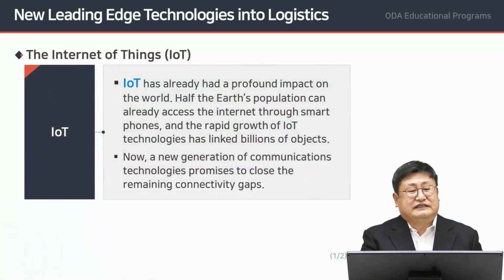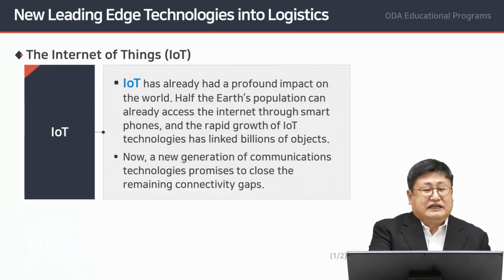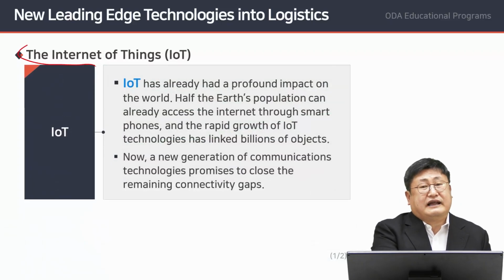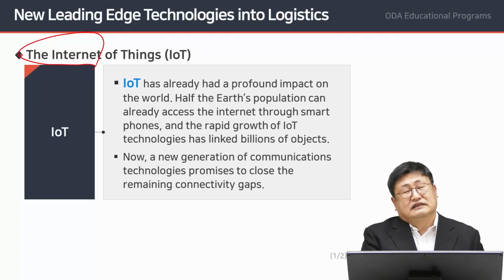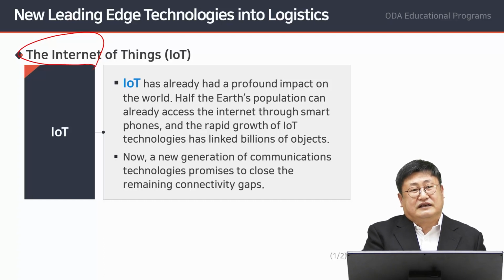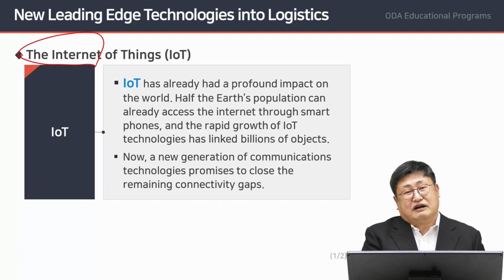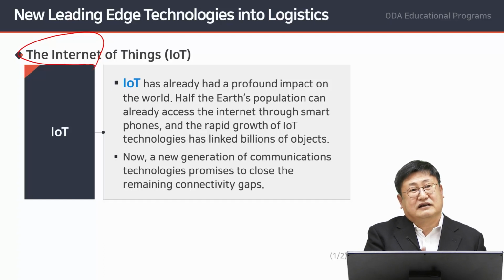And IoT, the internet itself. I believe that when I was 24, 26 years old, I first had the experience of using the internet, using a modem on the phone.